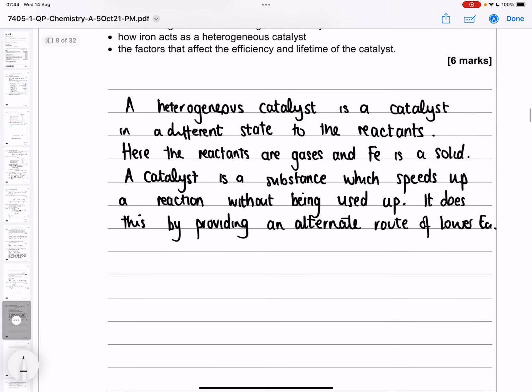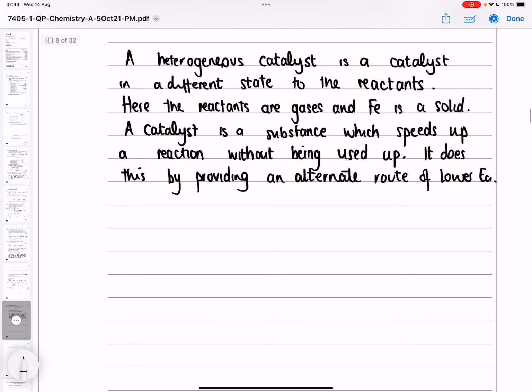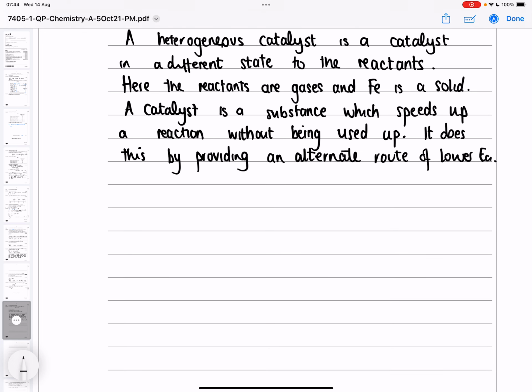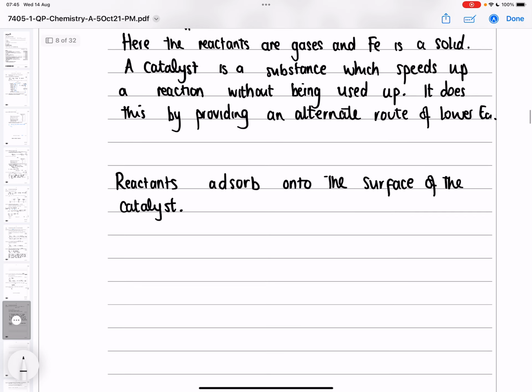So how does iron act as a heterogeneous catalyst? This is normally a 3-mark answer in the main part of the paper. So the idea is that the reactants adsorb, so that means stick to, adsorb, so that's with a D, onto the surface of the catalyst. This adsorption weakens bonds and then they break.